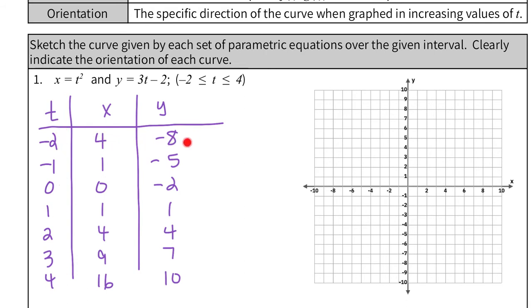So let's graph this point first. 4, -8. So 4, -8, right here looks like. Okay, then let's keep going. The next point is 1, -5.